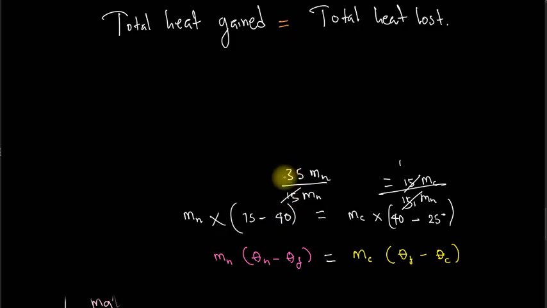Then we have 5 here as 30 as 7, and then we have 5 here as 3. Then m hot cancels m hot. Therefore, we are left with mc over m hot is equal to 7 over 3.